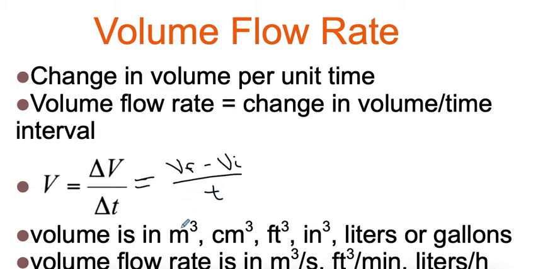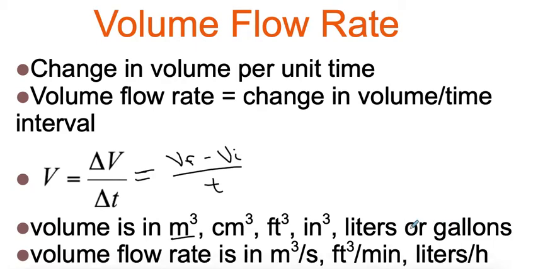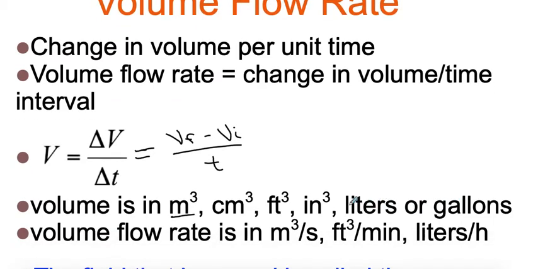Volume is going to be cubic things: cubic meters, cubic centimeters, cubic feet, cubic inches, liters, or gallons. And the volume flow rate is going to be one of those volume measurements divided by a measurement of time, so cubic meters per second, cubic feet per minute, liters per hour, something like that.